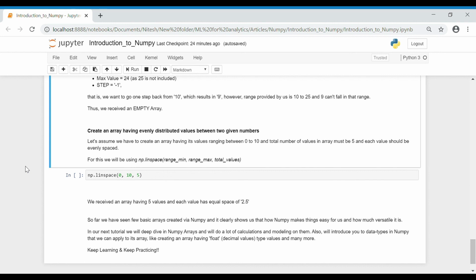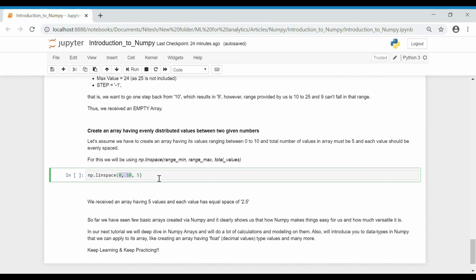Let's say we have a min value of 0, a max value of 10, and we are providing a size, or you can say into how many intervals we want this gap to be divided, into how many equal parts.